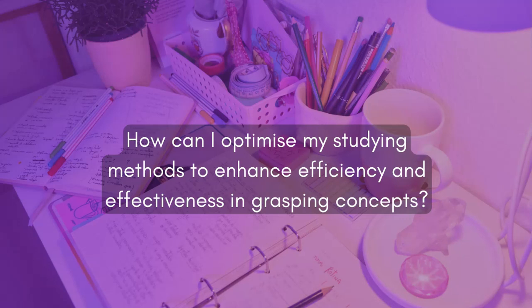On to the next one. So this is obviously the most obvious one, and this is for us to do active note-taking during our lectures. So instead of passively transcribing lectures or readings, engage with the material by summarizing the key points. You might not know this, but there's this thing called Cornell note-taking sheets.